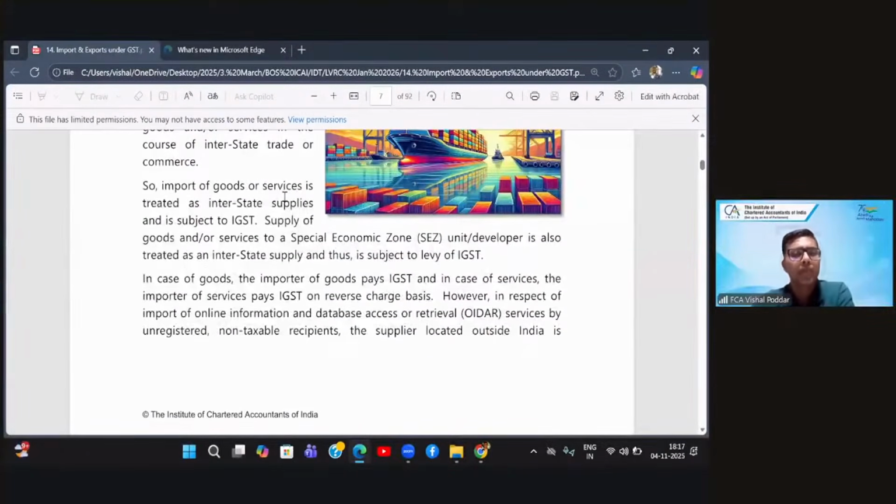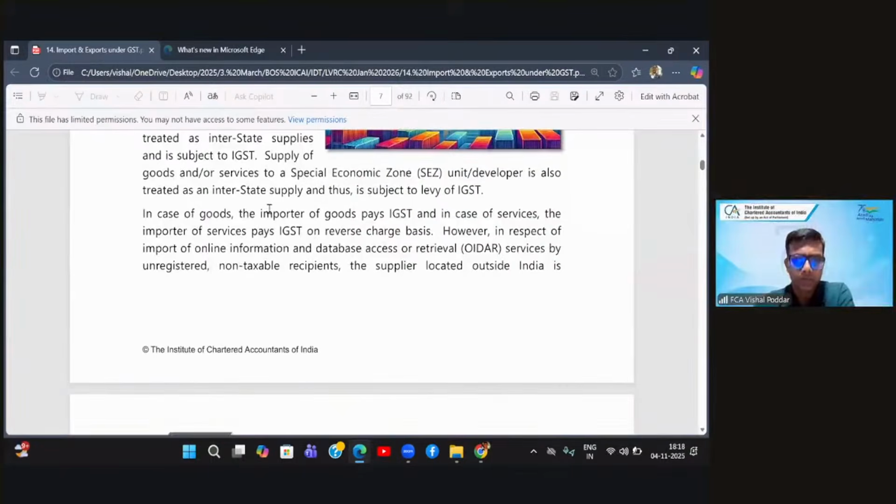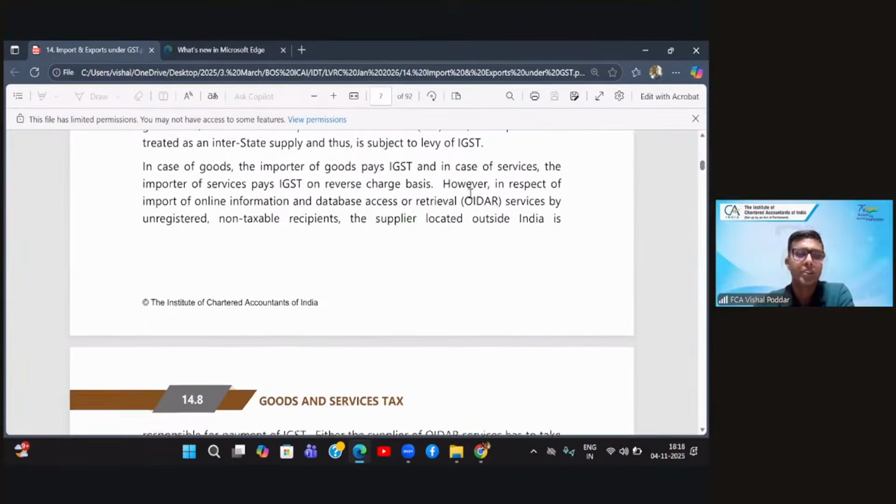So for import of goods, when these things are coming from outside India, the person who is getting the revenue is sitting outside India. Still, because of 269A, the Constitution says that we have to deem that it is happening in the course of interstate trade or commerce. Therefore, import and export of goods is interstate supply and is obviously then liable to IGST. Next, supply of goods or services to an SEZ or SEZ developer is also treated as interstate supply, and the same is also liable to IGST.